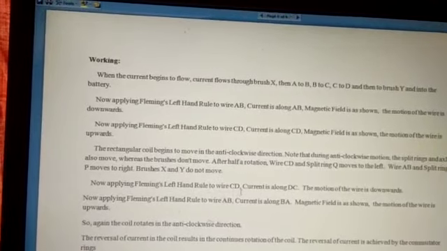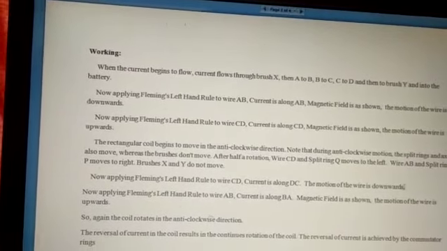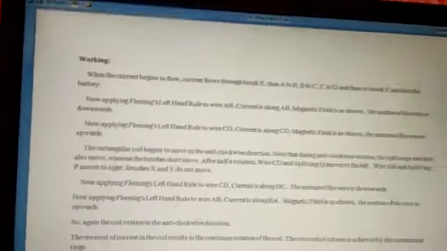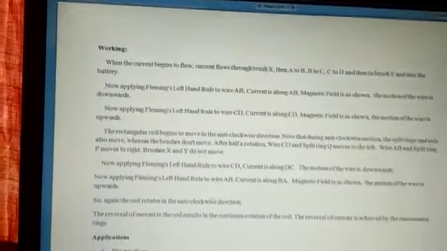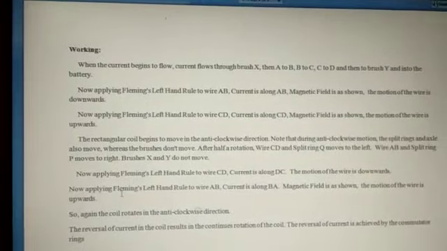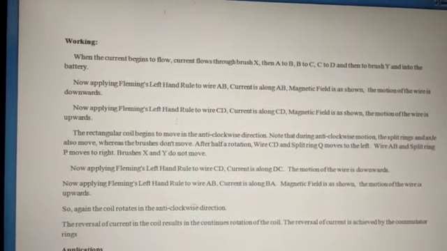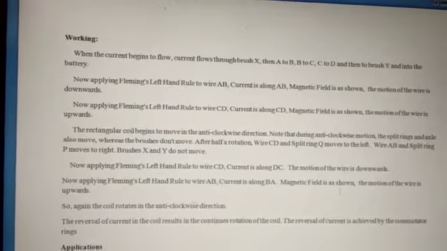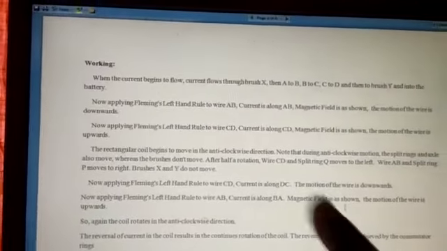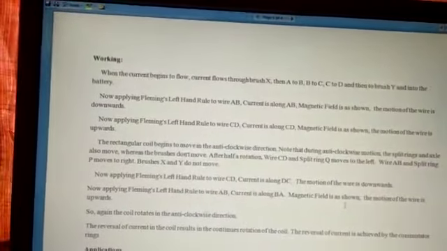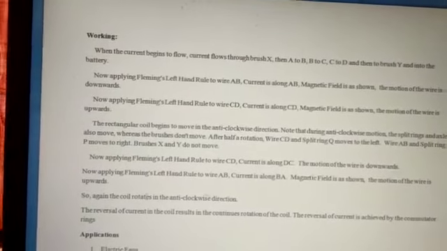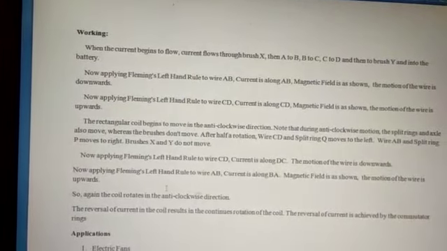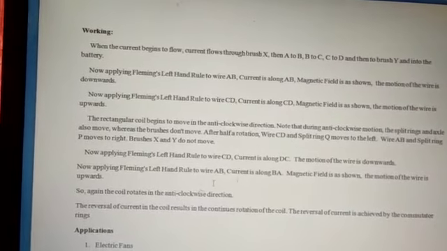Now apply the rule once again: the motion of the wire spins downwards. Then apply the same rule for the second one. They are the same, so the coil again rotates in an anti-clockwise direction.